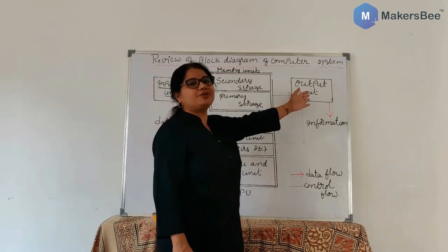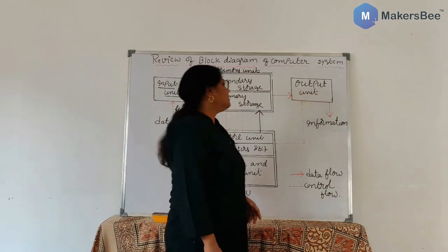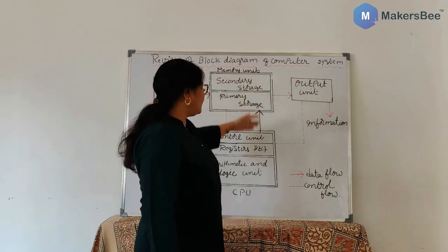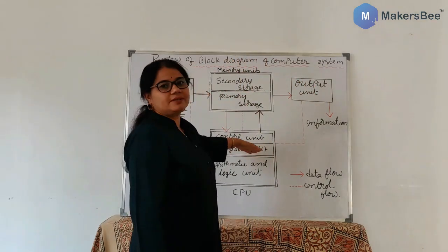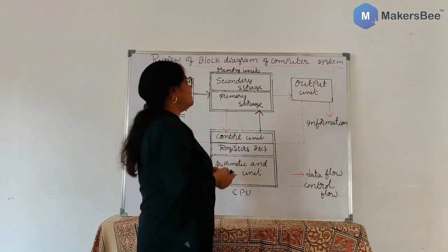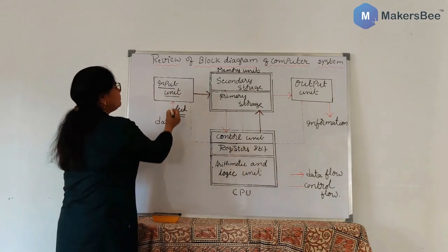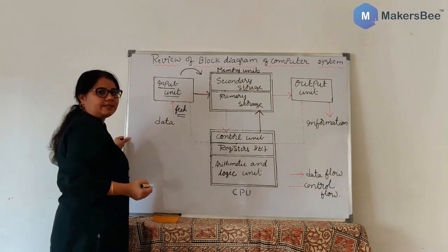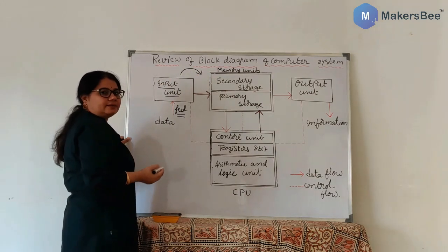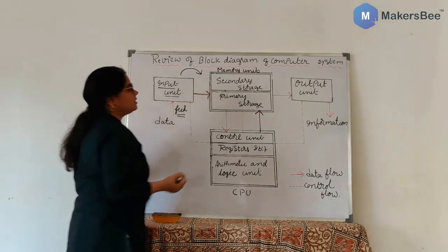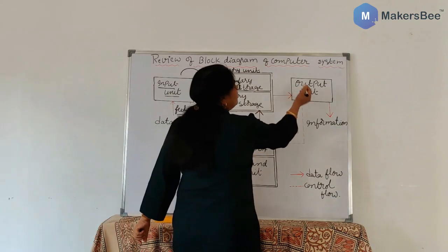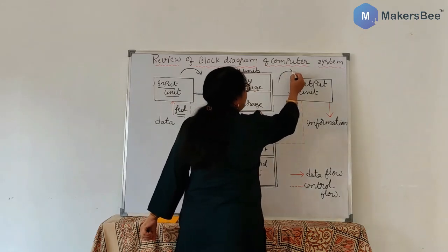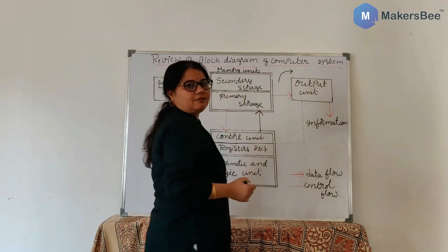Now let us come to the output unit. This output unit provides the data and results obtained from the central processing unit. The input unit converts the human readable form to binary language, that is, a machine format, but the output unit converts the binary language format to the human readable format.